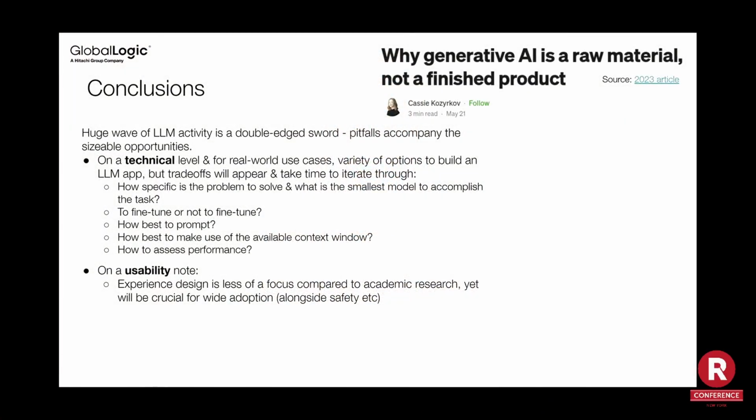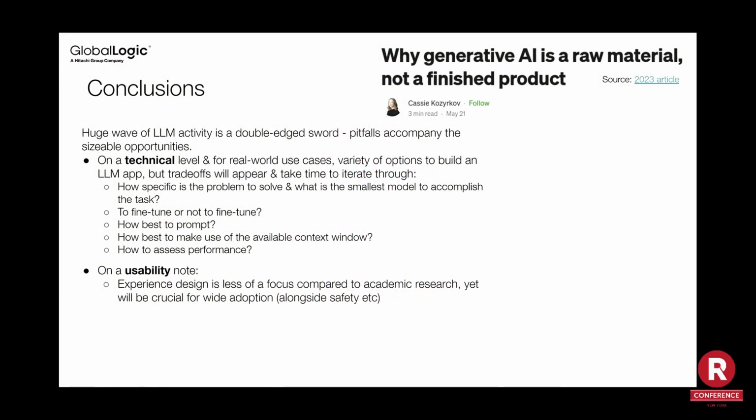How specific is the problem that you want to solve, and will perhaps a small model really help you out, or do you actually have to use something which is a lot larger in size and has a lot more parameters? Maybe it's not really that useful to you, depending on what you want to do. Another angle is the usability angle. Something that I don't think is discussed a lot is this experience design issue.